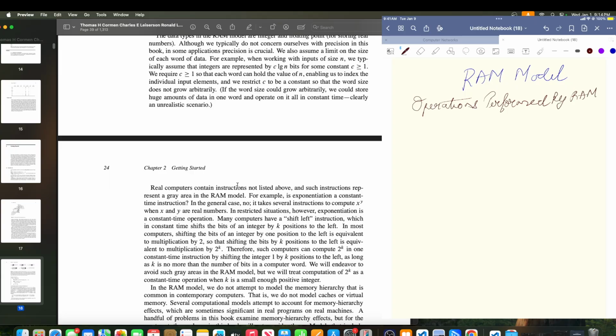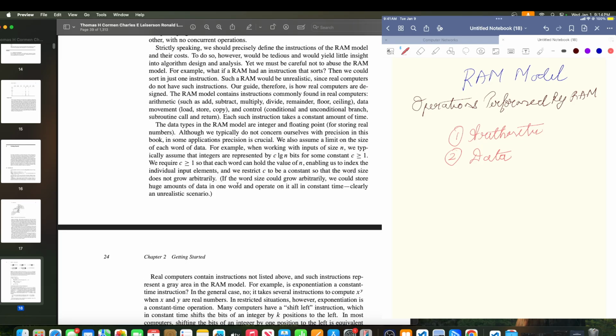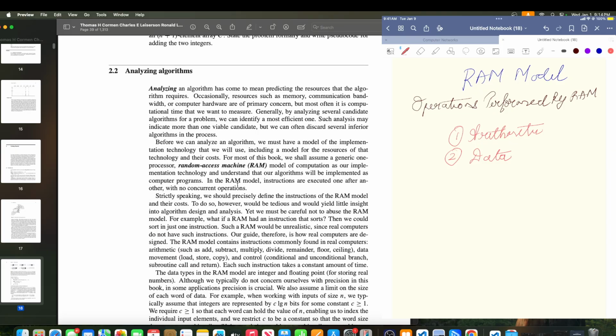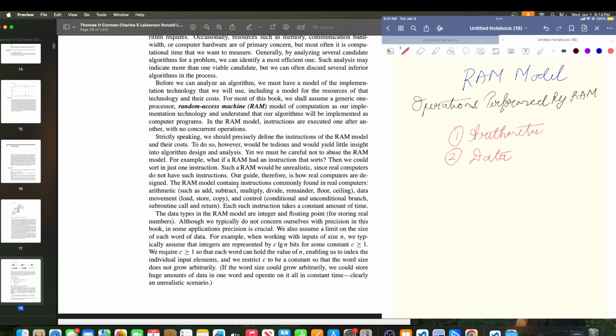First is arithmetic. Then after arithmetic we perform data store and load, that is what we mentioned above. Data store. Then conditionals.